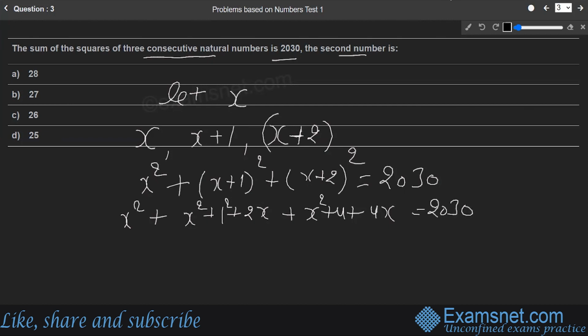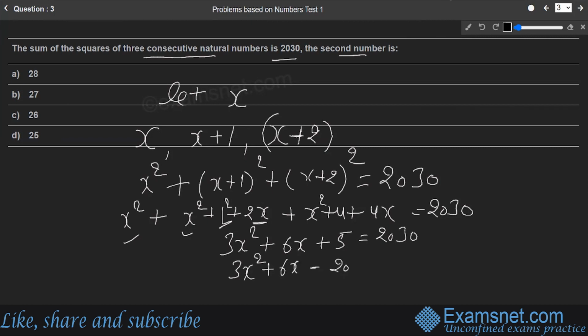Clearly, we can solve this expression, x square plus x square plus x square, so it becomes 3x square plus 2x plus 4x is 6x, plus 1 plus 4 is 5, equal to 2030. We can create an equation out of it, which is 3x square plus 6x minus 2025 equal to 0. If we take 3 common from everything, it's going to be x square plus 2x minus 675 equal to 0.